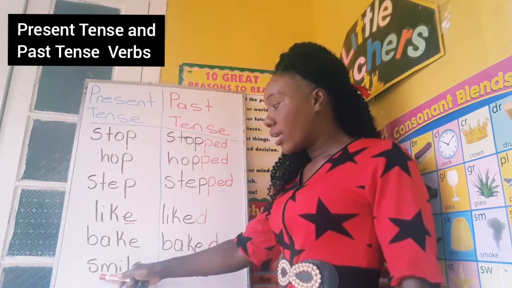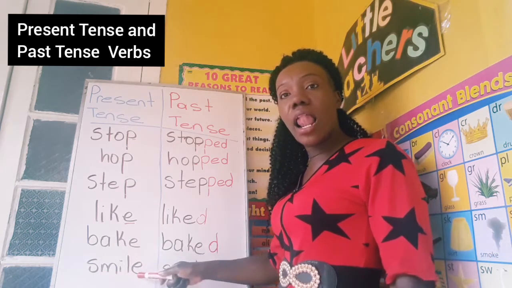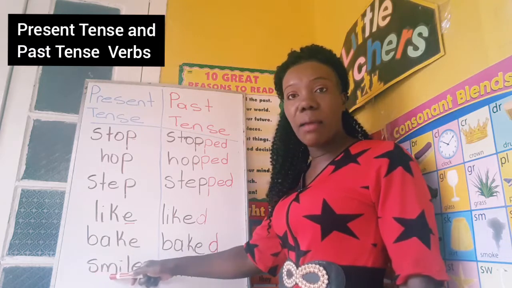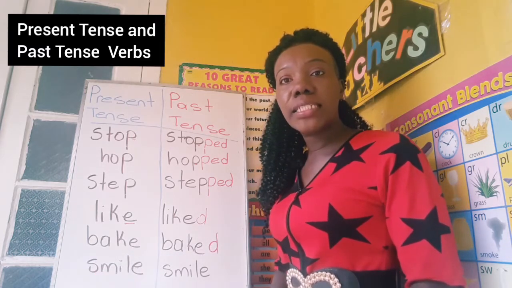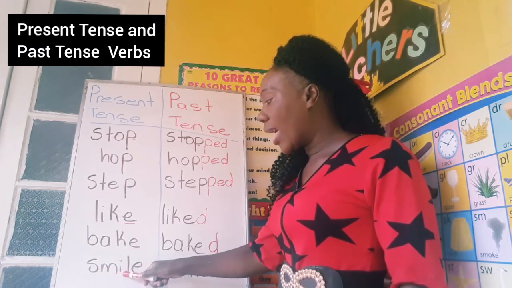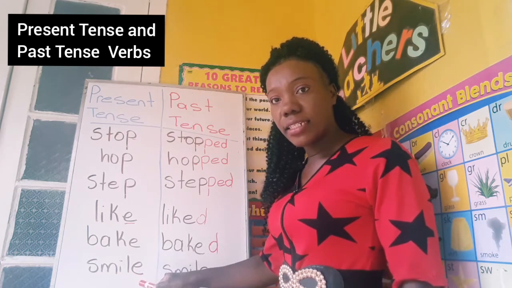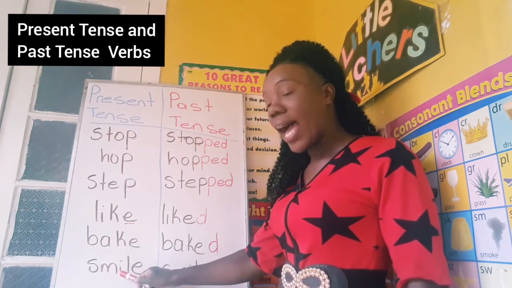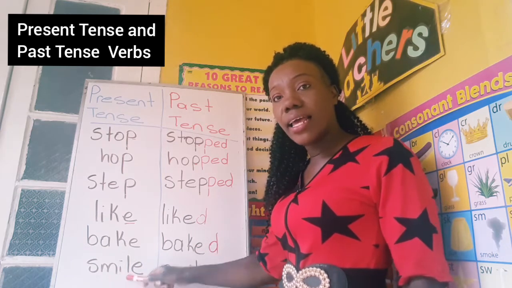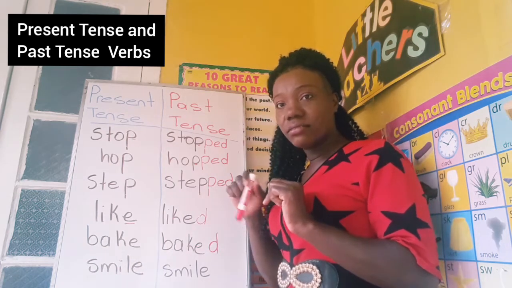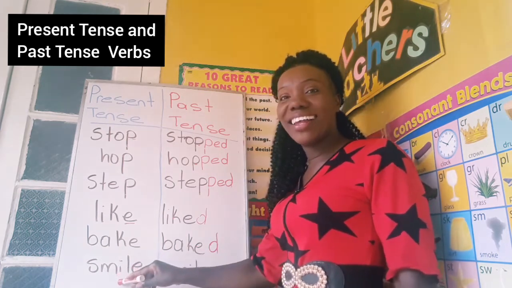And this word smile. S and M says sm. I silent E. Smile. I smile. Now I smile.